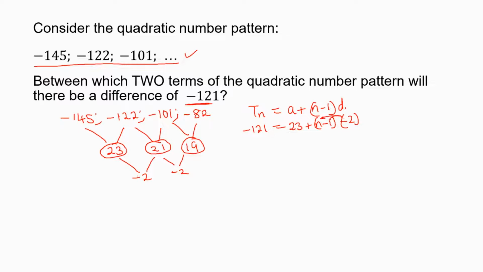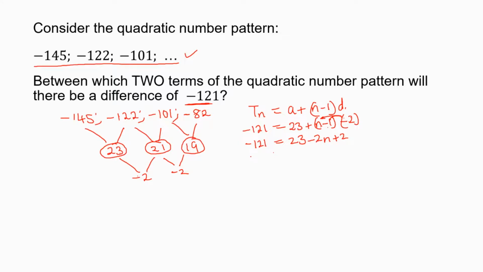We distribute negative 2 like that, and it becomes negative 121 is equal to 23. The negative 2 times n is negative 2n. Negative 2 times negative 1 is positive 2. Right? And then we can now solve for n. Maybe let's bring the constants to the left.